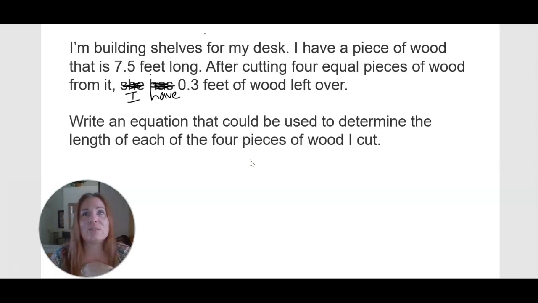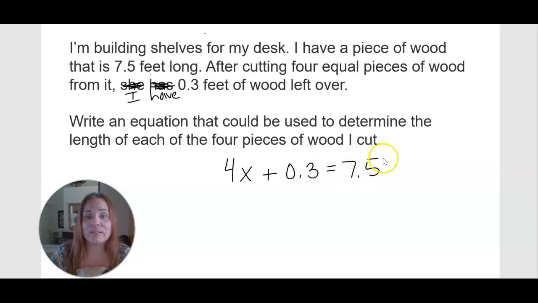If each piece was 6 inches, I would do 4 times 6. I don't know how many inches, so I'm going to use x, right? So I'm going to write 4 times x because I don't know how long each piece of wood is. And then that's the 4 pieces that I cut plus the amount that I have left over equals the total amount of wood that I started with, right? So now I've got to solve it.